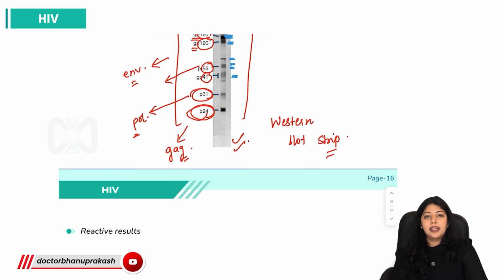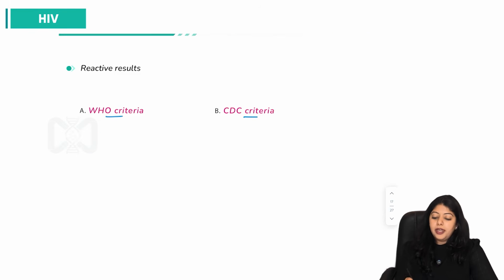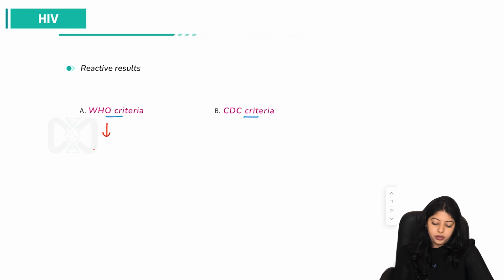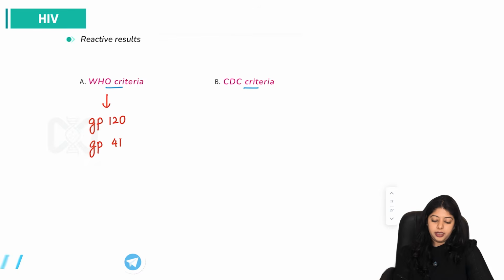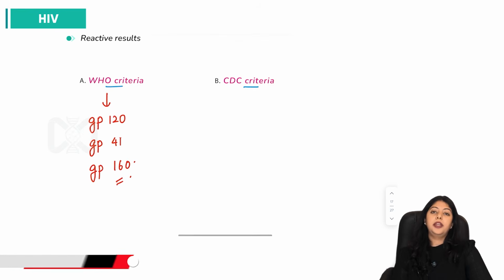So what are the criteria which WHO has devised? So there are two criteria, one is for WHO and one is for CDC. So WHO says that at least 2 out of 3 structural genes should be positive, or they should have darkened lines. So what are those? It can be GP120, it can be GP41, or it can be GP160, right?